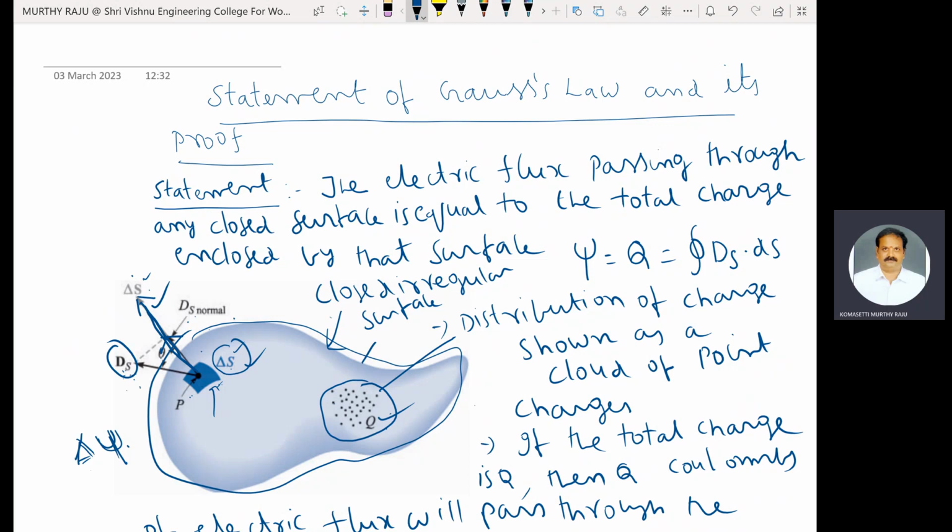That is the charge enclosed within the closed surface. This is the statement and proof of Gauss's law. With this, the analysis is completed.